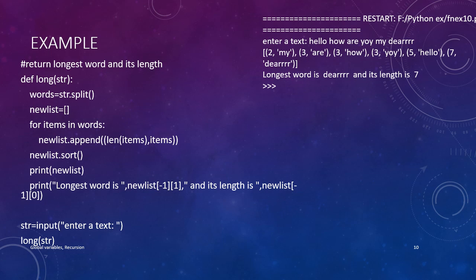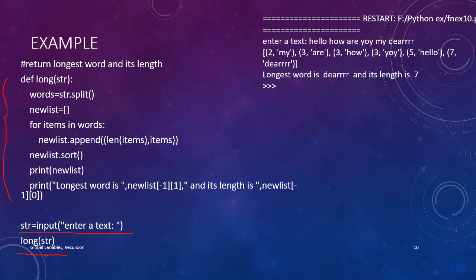We have used part of this in previous lectures, but here we are implementing it with the help of a function. In the main program, I'm asking the user to enter a text and we are calling a function long. We have defined a function long which accepts the string parameter.